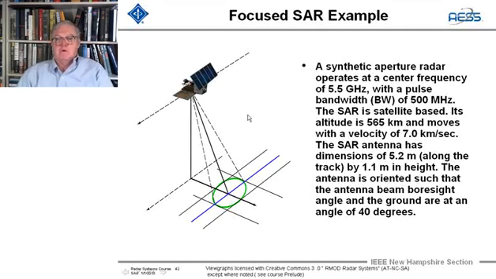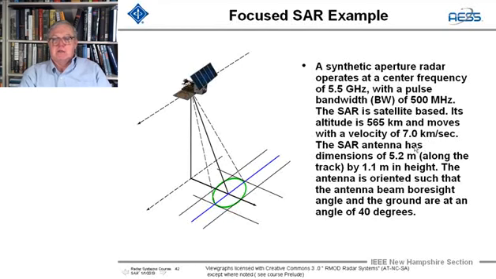Okay, now let's spend some time. I've just gone through a lot of equations, and let's take a real example of a system. It's really going over a problem, and the problems I've assigned are similar to this, but I wanted to go over one with you to give you a chance. Say we've got a synthetic aperture radar operating at C-band, 5.5 gigahertz, with a pulse bandwidth of 500 megahertz. It's satellite based, at an altitude of 565 kilometers, and it's moving at a velocity in this direction of 7 kilometers a second.